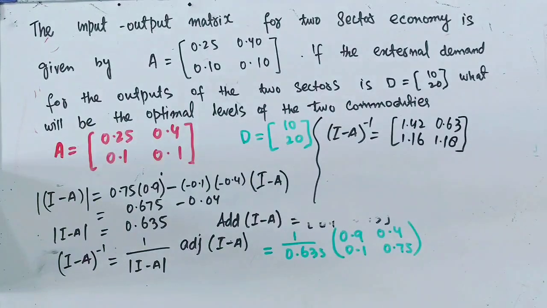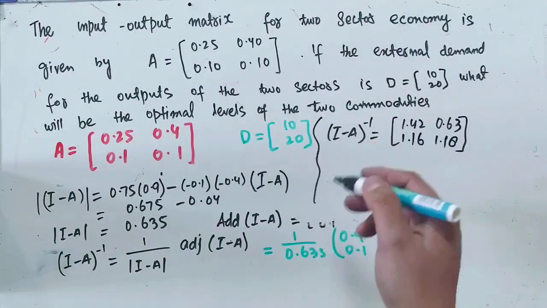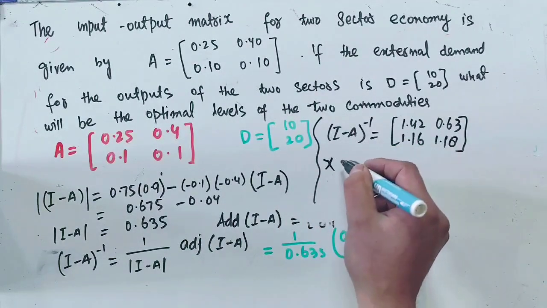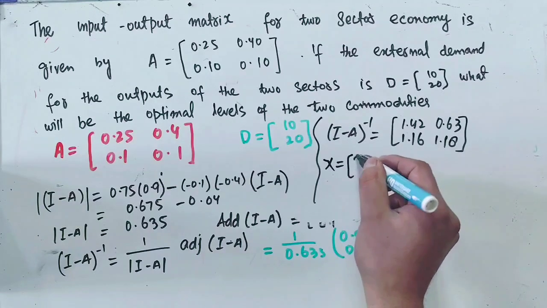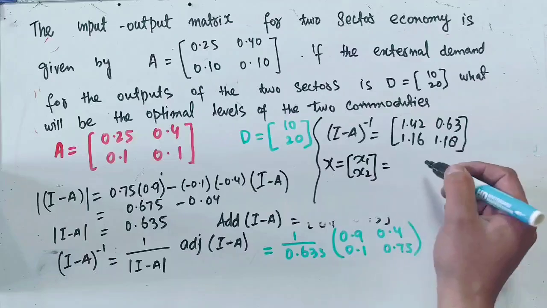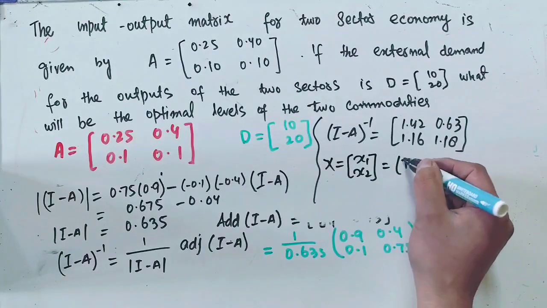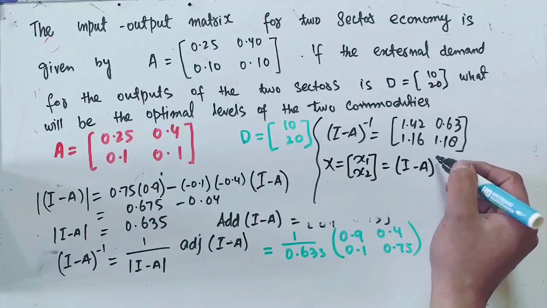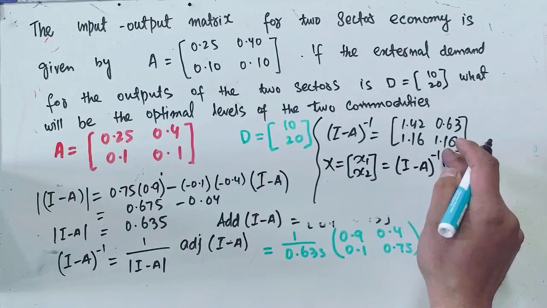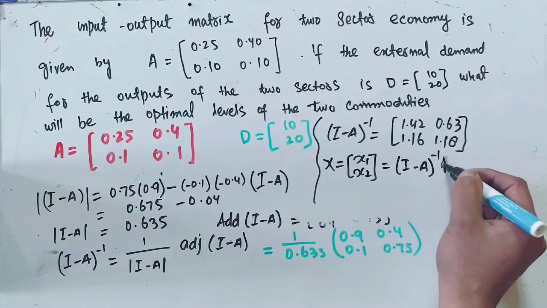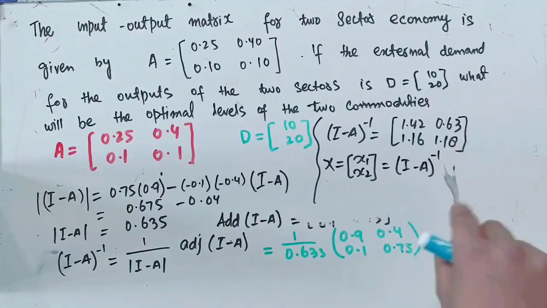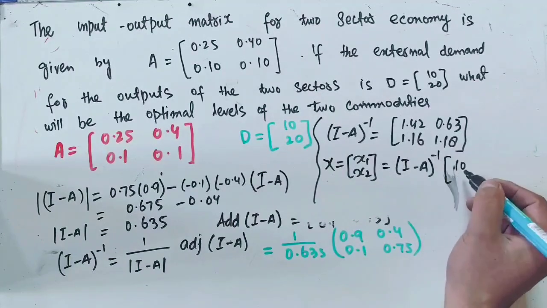Then to find out the optimal levels of output, we use the formula x, which is x1, x2, is equal to the inverse of the I minus A Leontief matrix times the final demand. So final demand is D. D is given to us as 10 and 20.